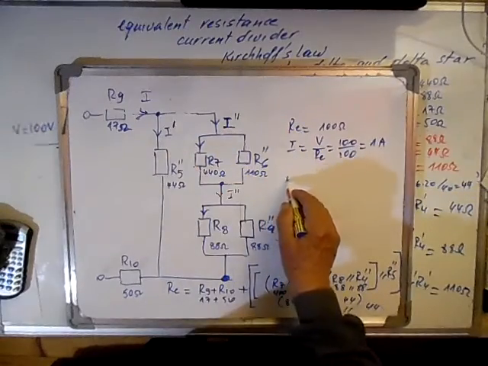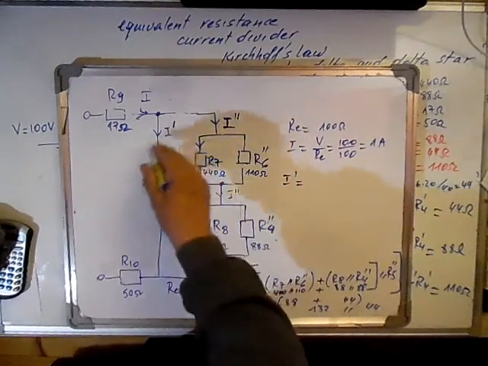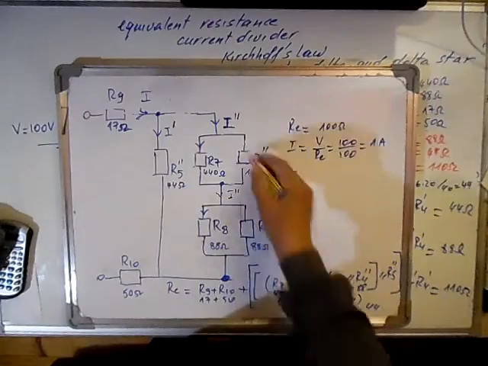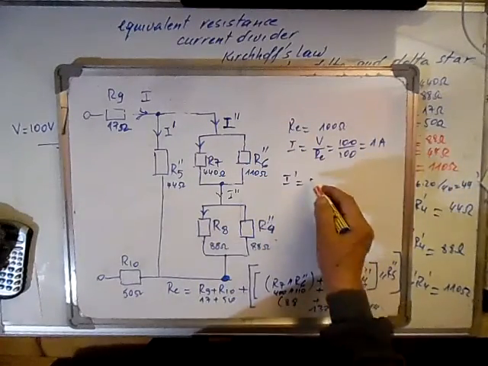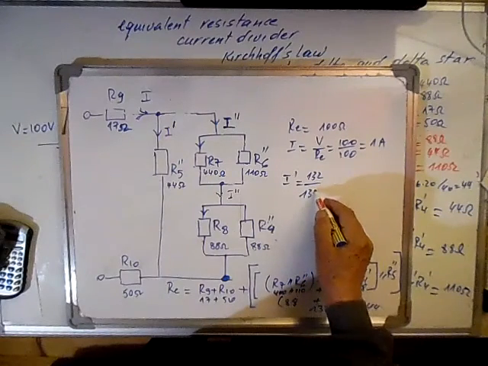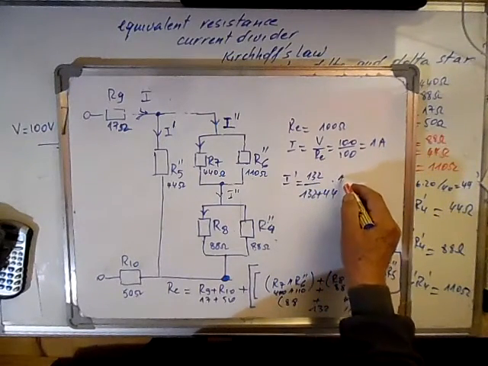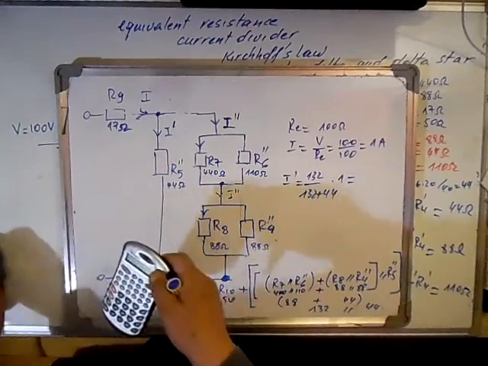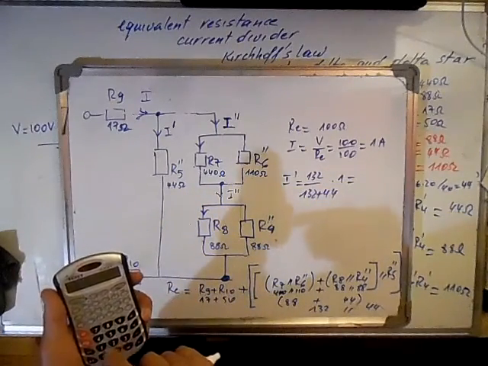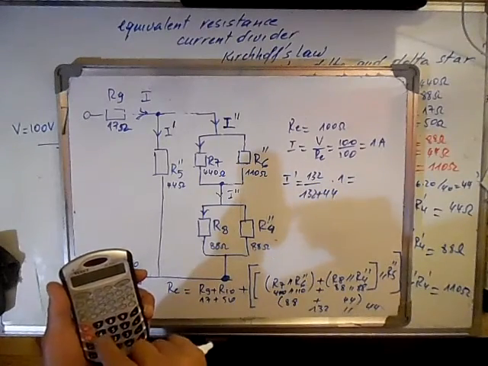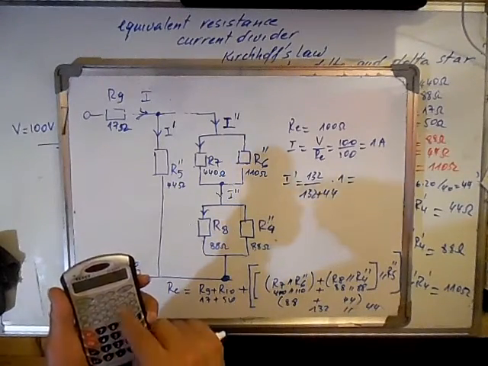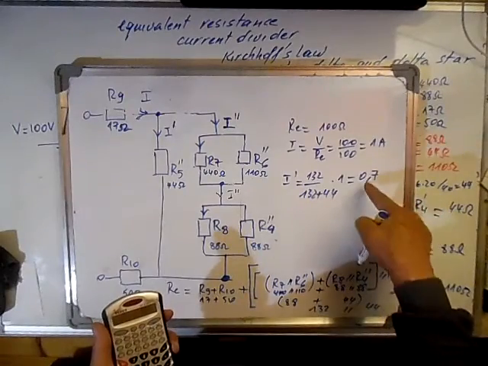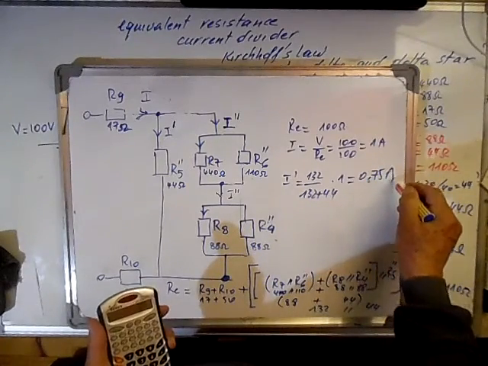From this we can calculate with the current divider the current that flows here, which is 132, because the equivalent resistance of these four is 132, over 132 plus 44 times the main current, and this would give us 0.75 amps.